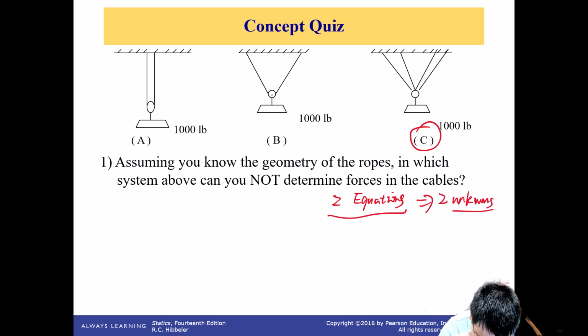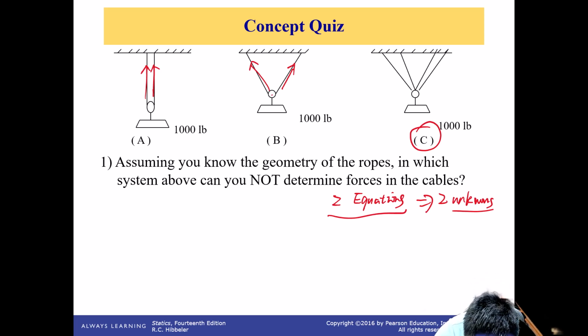For figure A, we have two cables, two unknown forces, and two equations. It can be solved for sure. Figure B also has two cables, two unknown forces, and two equations, which can be solved.